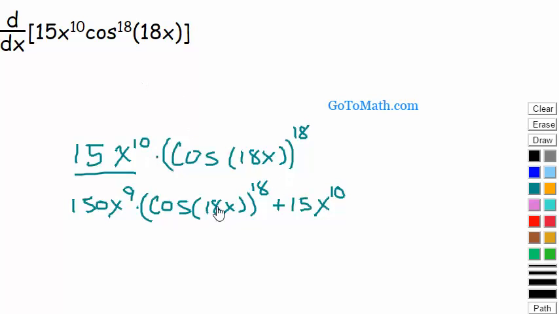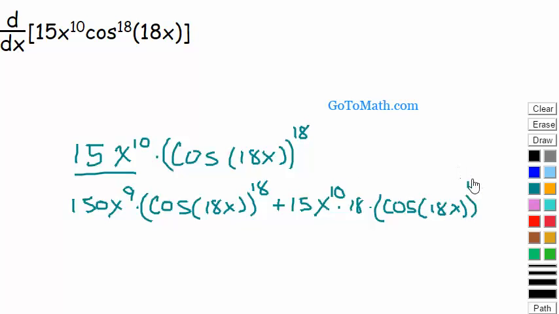Now we're going to take the derivative of this guy, and that means you take that 18, because this is a power, take it out front, and then rewrite everything that's in parentheses. So we have cosine of 18x, and we subtract 1 from the exponent.